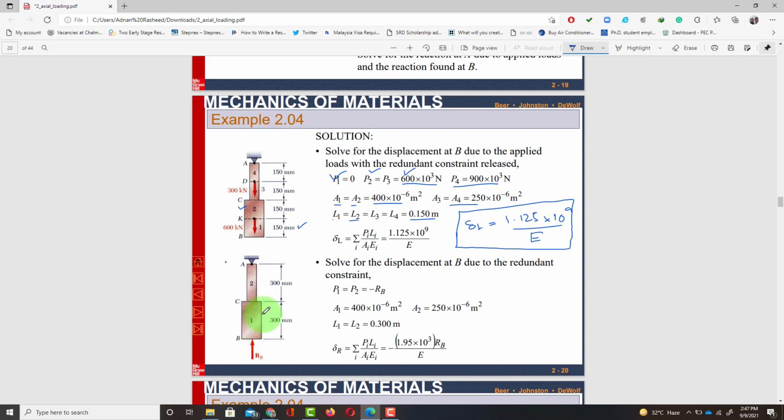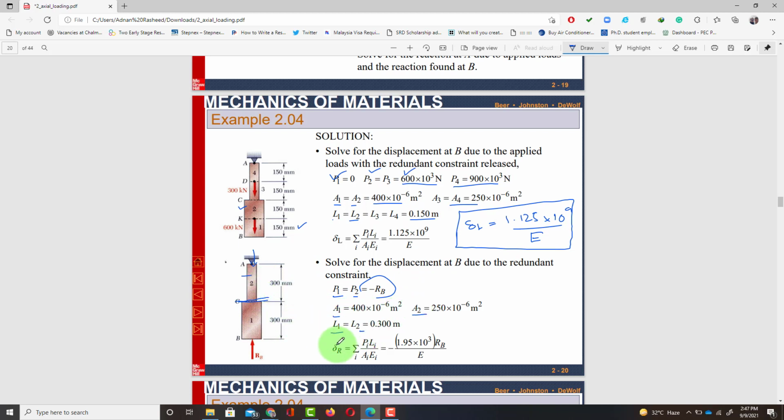So you can see now here, if you take one section, the force will be equal to RB. And if you take the second section, the load will be the same, P1 and P2 will be the same, equal to minus RB. Clear? Because the forces will be compressive. And you have A1 and A2 as well as L1 and L2.